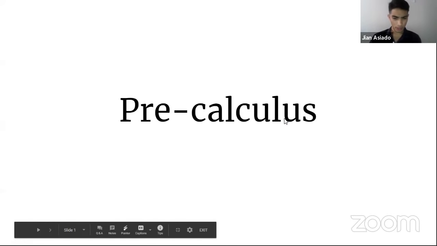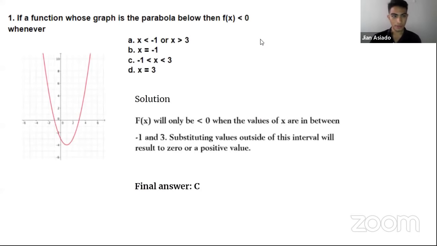Okay, so for pre-calculus, first question: what function whose graph is a parabola has f of x less than 0? So basically the y value is negative. So what value of x gives a negative y value?